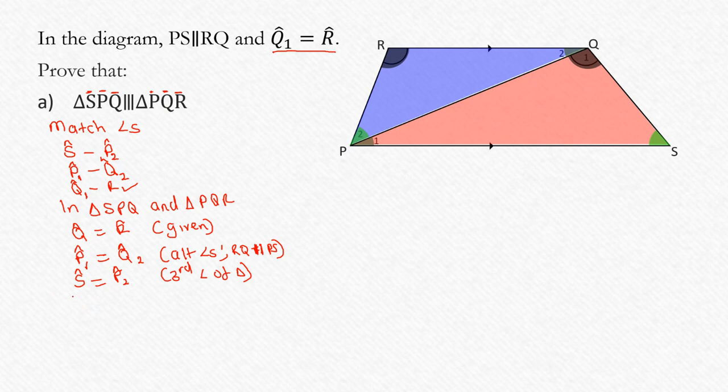So we start with our triangle. Therefore, triangle SPQ is similar to triangle PQR.